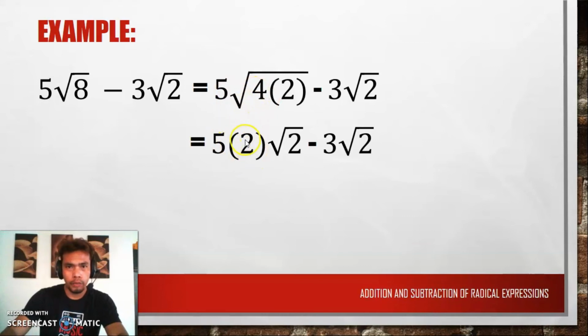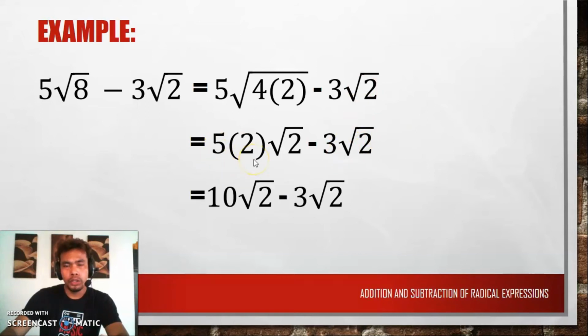So we have here 5 times 2. Then copy square root of 2 minus 3 square root of 2. And after that, multiply 5 to 2. So it will give you 10. Copy the radical, square root of 2 minus 3 square root of 2.